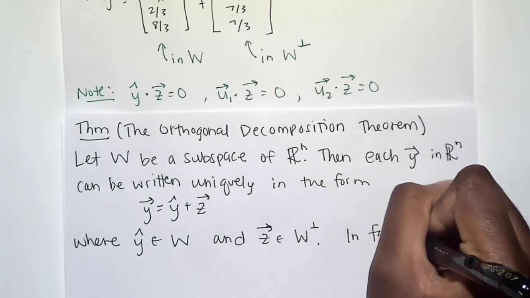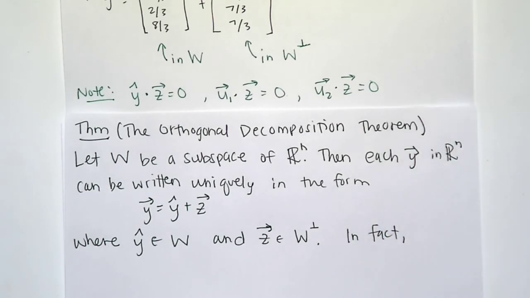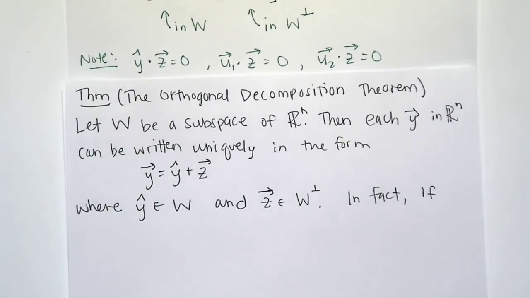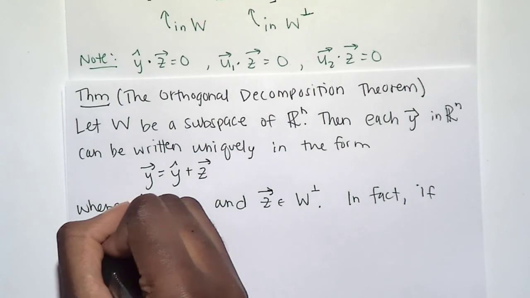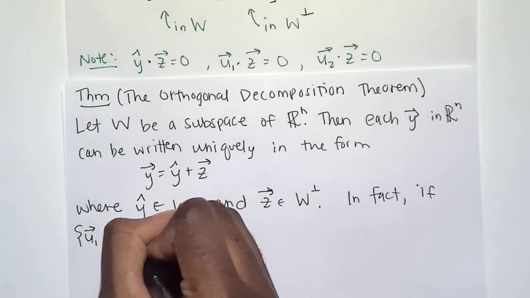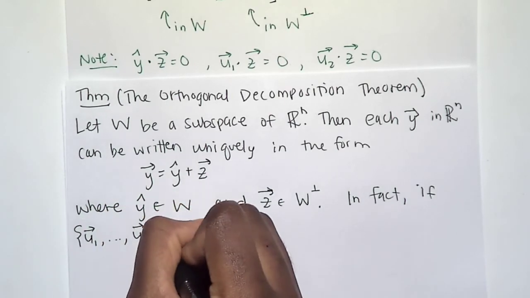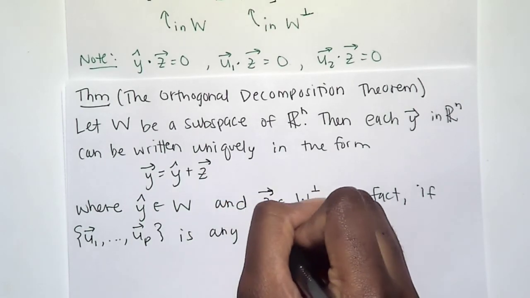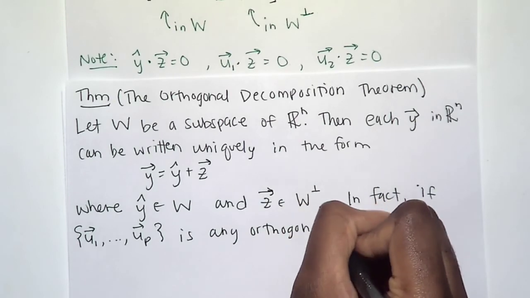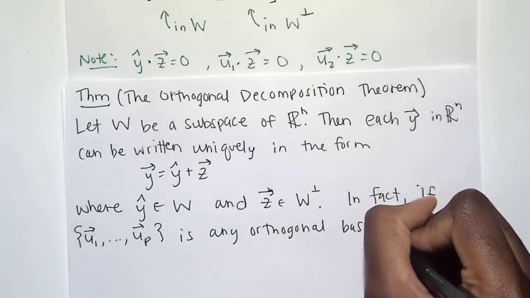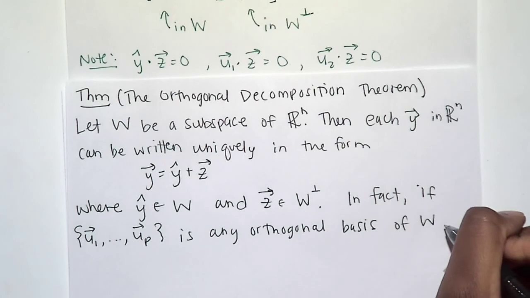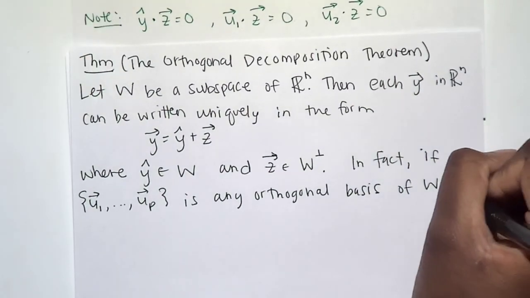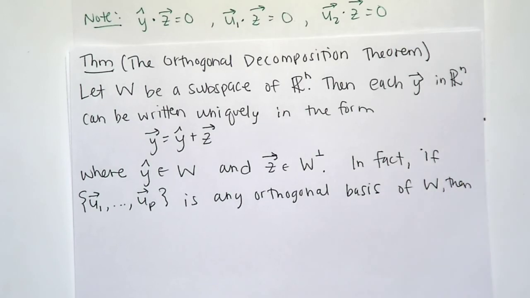In fact, if we have an orthogonal basis, so if the set U1 to UP is any orthogonal basis of W, then we have the following.